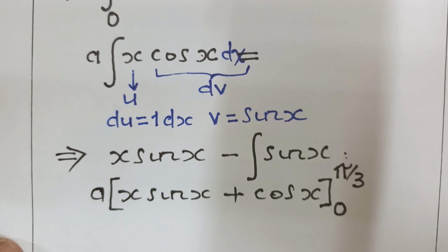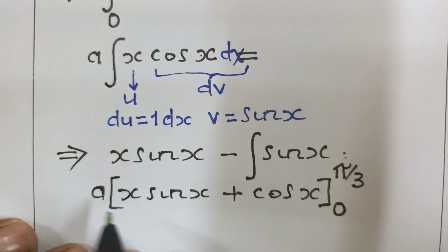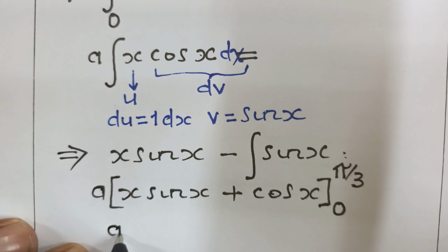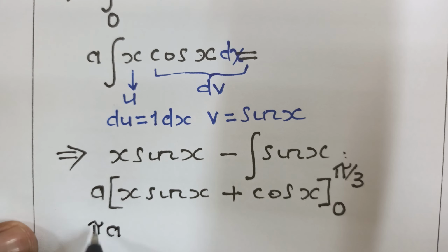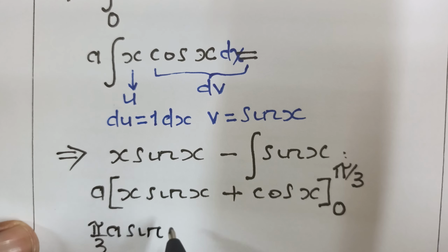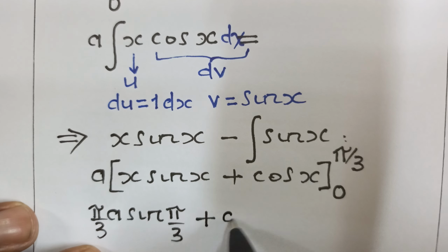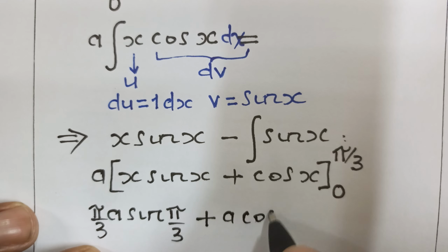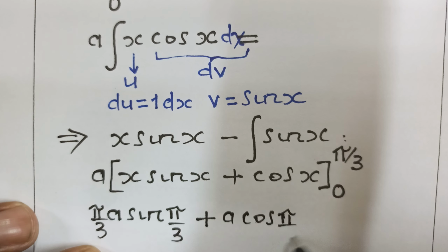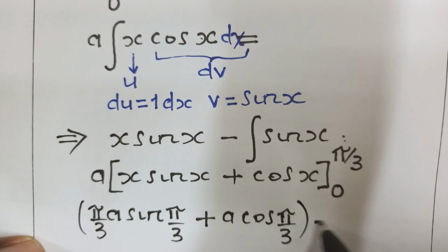And so, putting the limits, first we put pi over 3. This is going to be a pi over 3, then sine pi over 3, plus, this is also going to have a cos pi over 3, all that now minus.